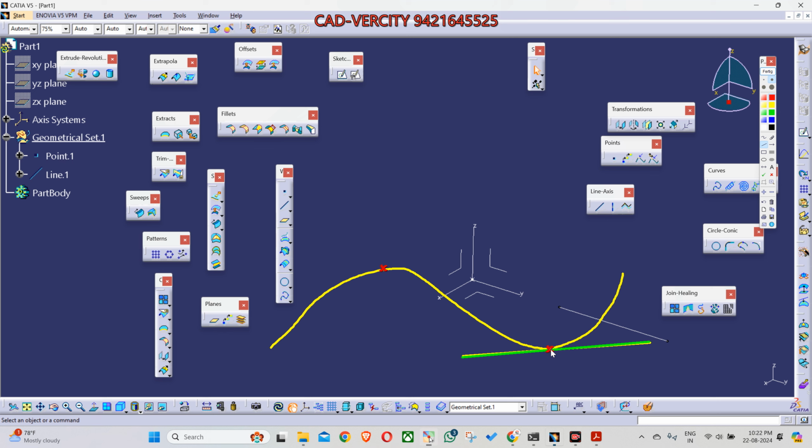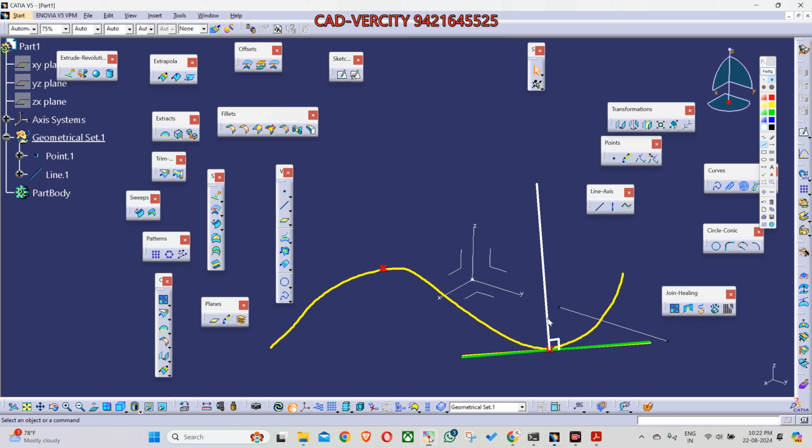See, I am drawing one line. Let's use white color. I am drawing one line normal to the green line. Now tell me, is it normal to the yellow curve? Yes, sir. Because the green line is tangent to the yellow curve, the white line is normal to the curve also.